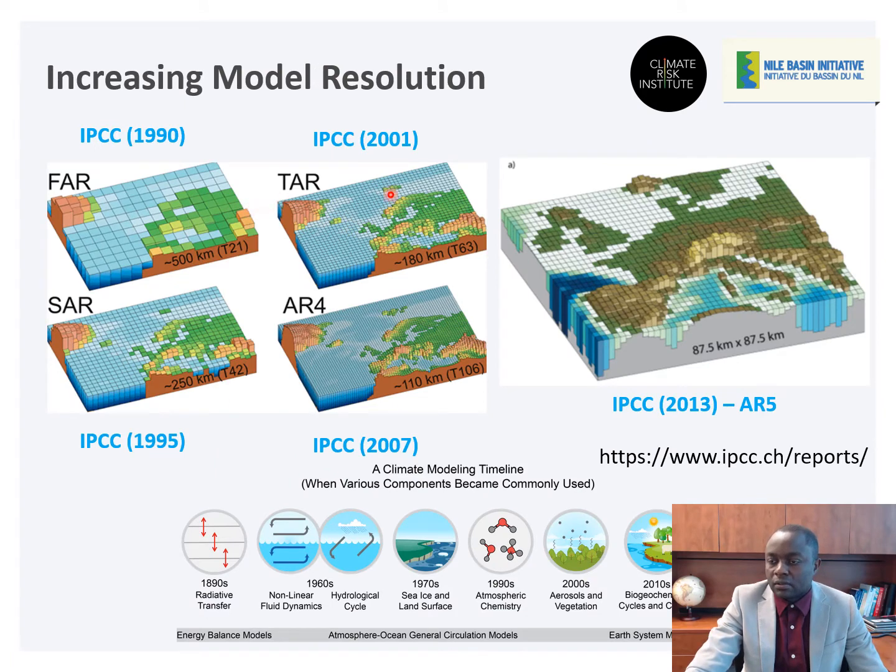Climate model resolution has been increasing over time since the very first IPCC, that is the Intergovernmental Panel on Climate Change First Assessment Report. And over time, different Earth system processes have been represented in these models. So the evolution of climate models reflects the kind of physical processes that these models represent. In the 1800s, we were mostly looking at energy balance models, and in the 1990s and 2000s, we have atmosphere-ocean general circulation models.